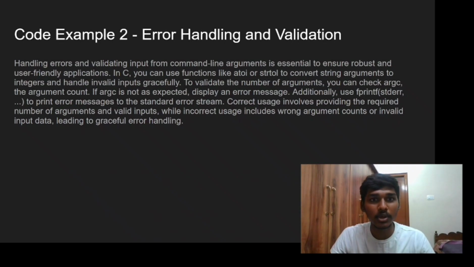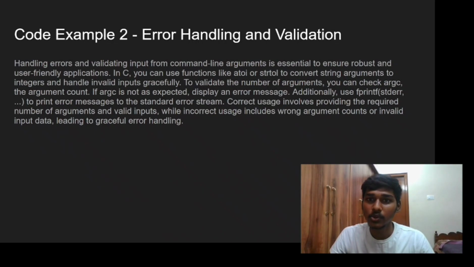In C, you can use functions like atoi to convert string arguments to integers and handle invalid input gracefully. To validate the number of arguments, you can check argc, the argument count. If argc is not as expected, display an error message.